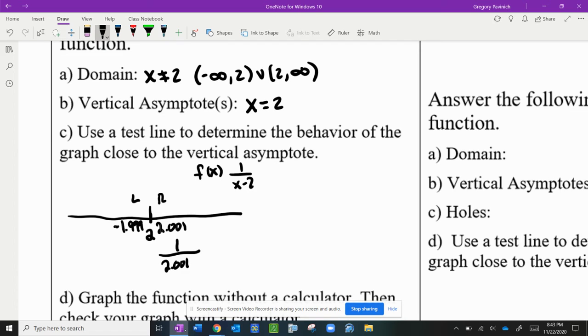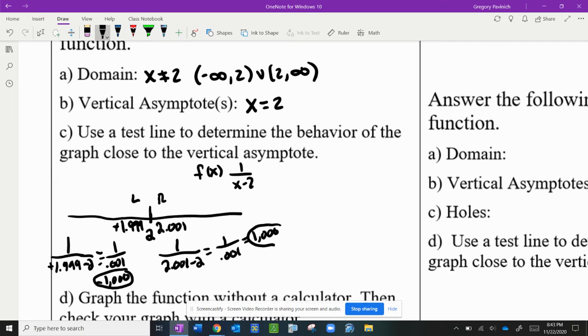If x is 2.001 and I subtract 2, I get 1 over 0.001, which is 1,000. And on the left side, if I do the same thing, I have 1.999, and then I subtract 2, get 1 over negative 0.001, which is negative 1,000.